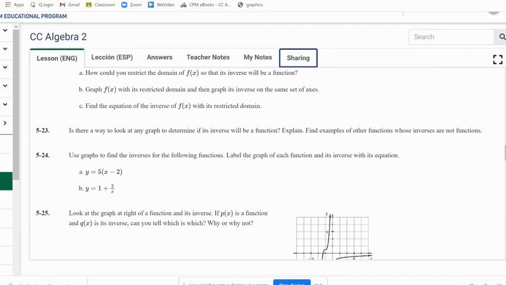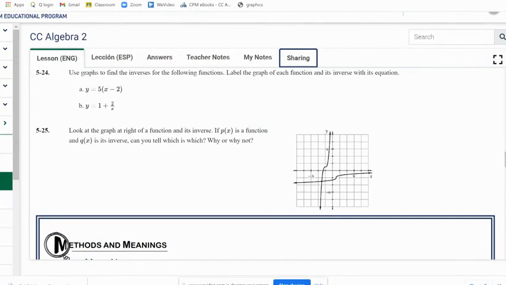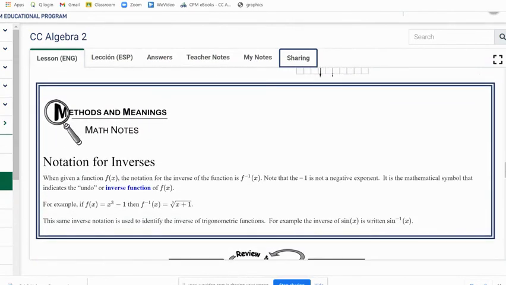You can put it in your graphing calculator or Desmos, and from there use those points to create the new points for the graph, which would give you the equation for the inverse. Again, it's just practicing using the graph instead of the equation. We are going to skip 25.